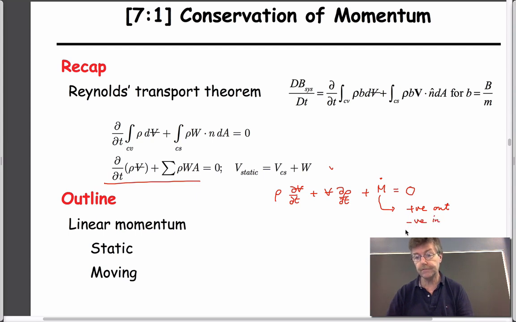That was very important. In addition, we also had to accommodate the fact that the velocity to a static observer is equal to the velocity of the control volume plus the velocity of the flow relative to that. In our example, the water flowing out of the fire hose has a velocity w. It's a vector.